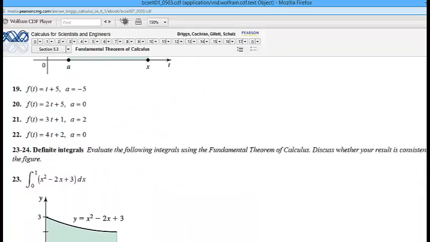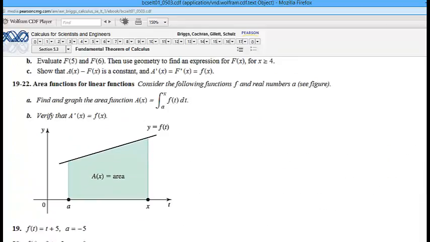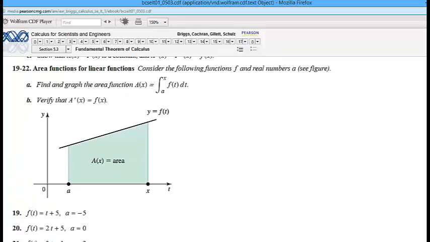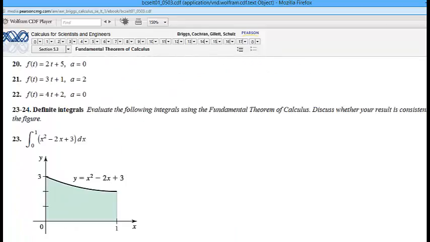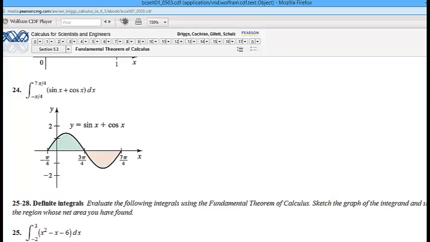Definite integrals. Time for these. Evaluate the following integrals using the fundamental theorem of calculus. Discuss whether your result is consistent with the figure. Yeah, 24. That's a nice problem. So let's try 24.